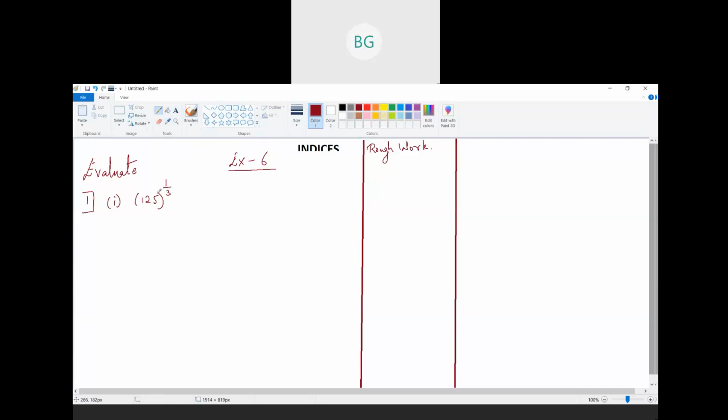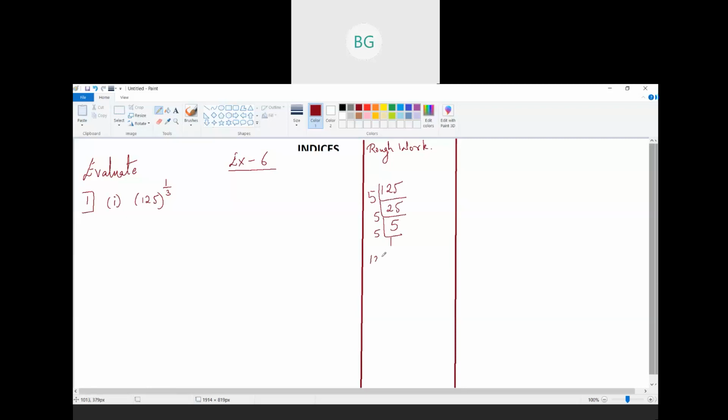Yes, so first we will prime factorize 125. 125 goes in the 5 table, so I can write it as 5 25s are 125, 5 5s are 25, and 5 1s are 5.